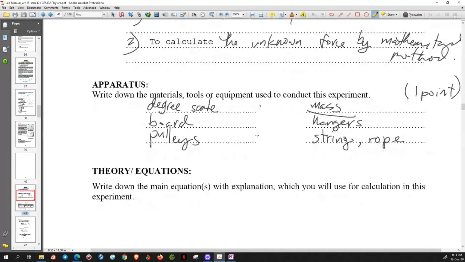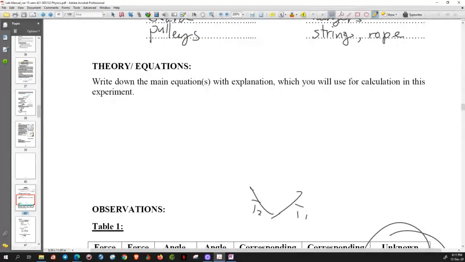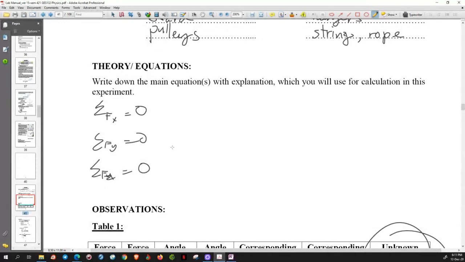Okay, now let's go to the theory. The theory will be given to you. Is that clear? The theory, or all the rules that you need to calculate, is given even before we give it to all the students. That means that you do not have to memorize the theory. Well, what's the theory here anyway? The sum of all forces in X is 0. Sum of all forces in Y is 0. Sum of all forces in Z is 0. Or simply sum of forces equal to 0. Okay, that's one rule.